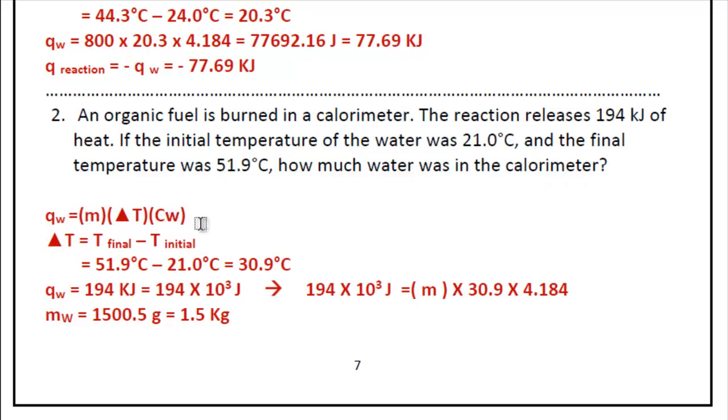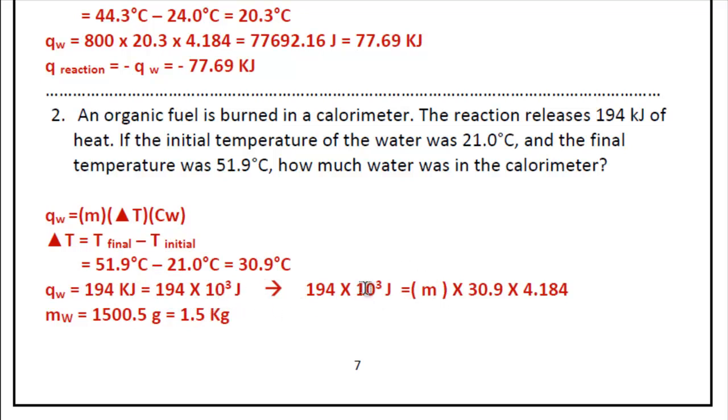So in the same equation, we will replace the numbers from our problem, and we will calculate first the delta T. It will be 30.9, and by replacing our given numbers in this equation, we have the amount of heat for water, which will be 194 kilojoules, and we will convert it to joules by multiplying by 10 to the power 3, or 1000.